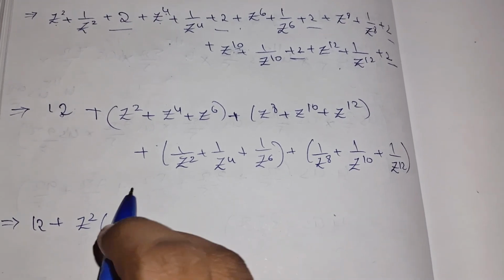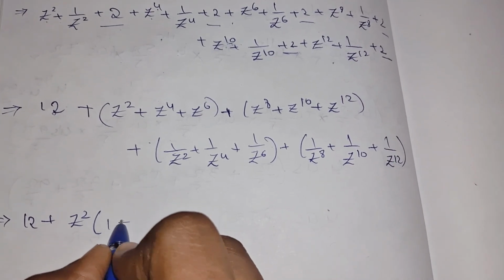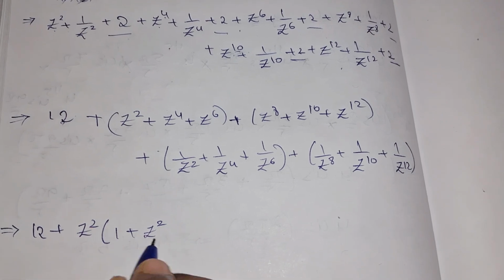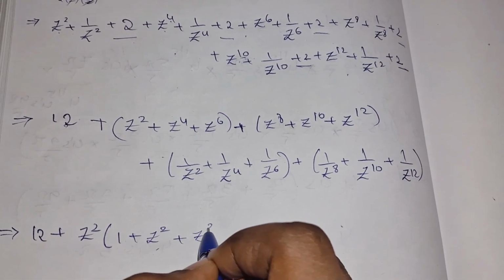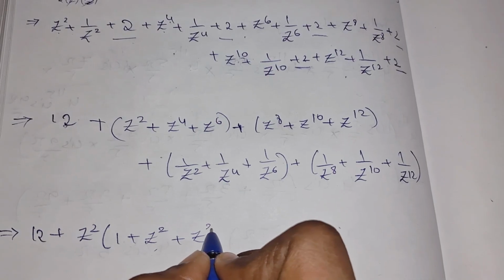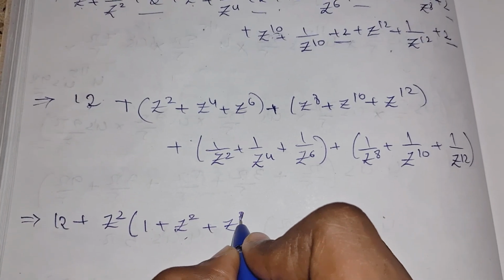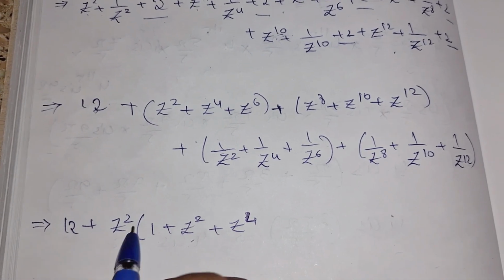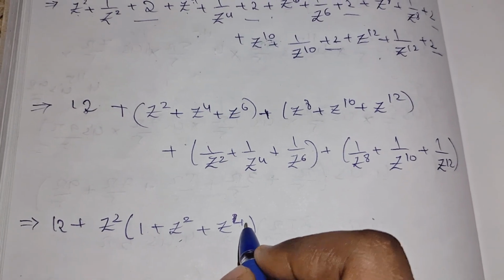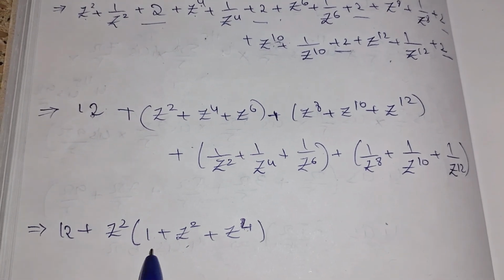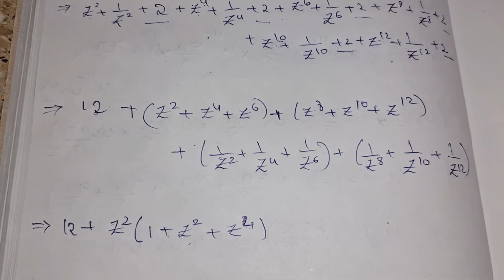After taking z square I will be left with 1 plus z square into z square, z to the power 4, z cube, z to the power 4. Bases are same, powers can be added in multiplication, right? So 4 plus 2, 6, so z to the power 6, that is z square into z to the power 4.